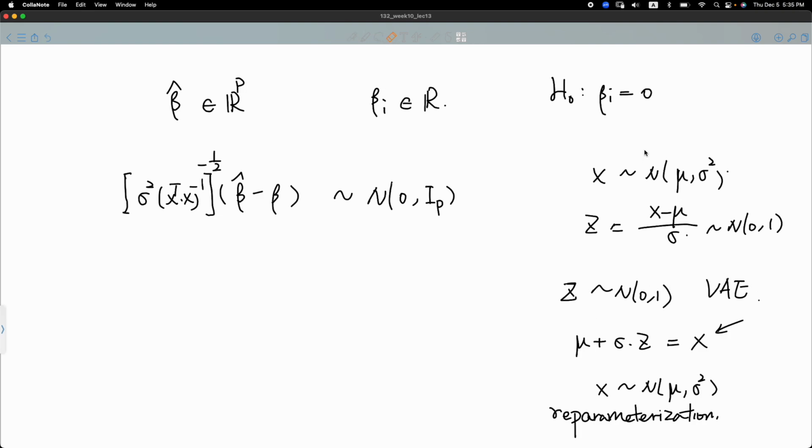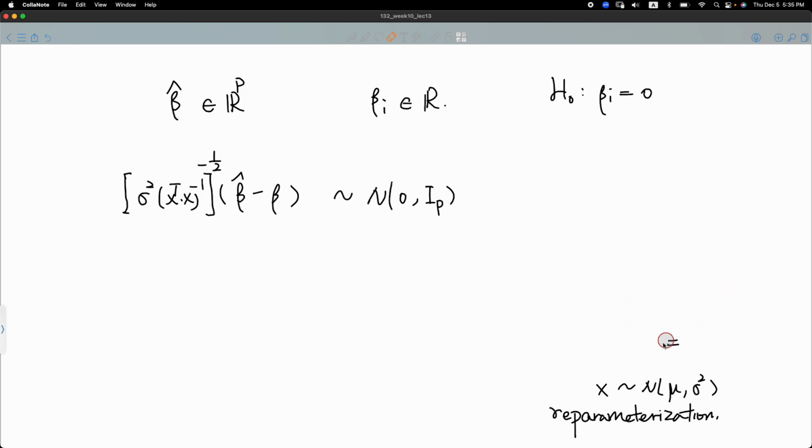But that is just some side notes. What we're really interested in is this particular standardization, and then we obtain the standard normal distribution.